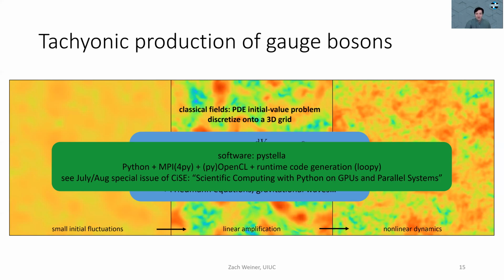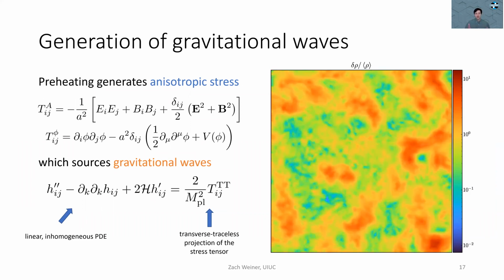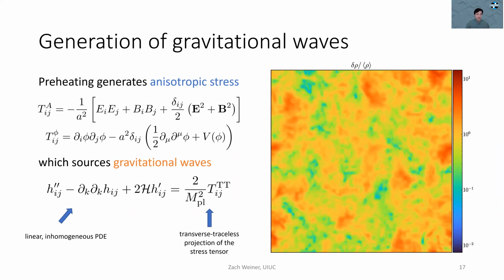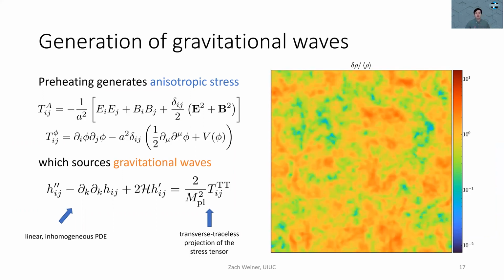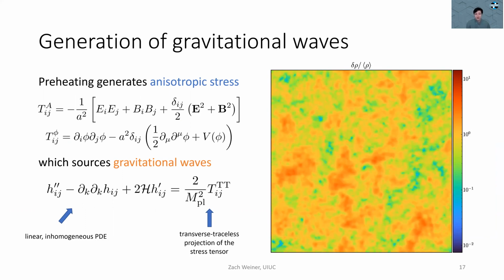Okay, so I promised you gravitational waves, so let's get some gravitational waves. As you'll see in this movie here, this phase of preheating generates inhomogeneities extremely rapidly, and this rapid development of fluctuations of large amplitude generates the right kind of anisotropic stress that sources gravitational waves.